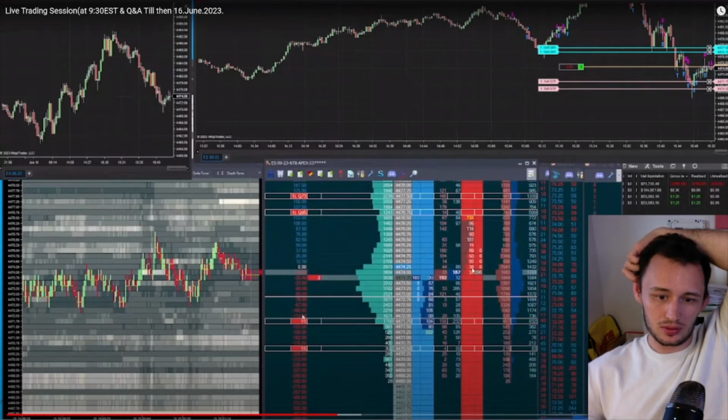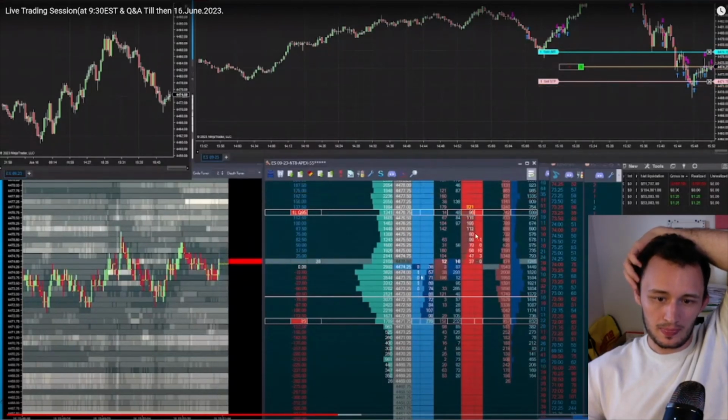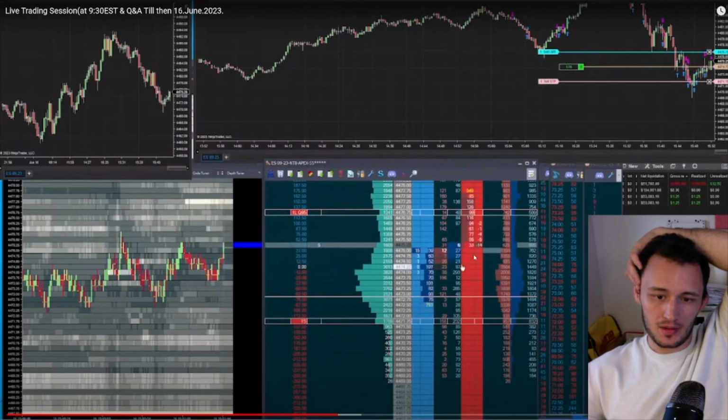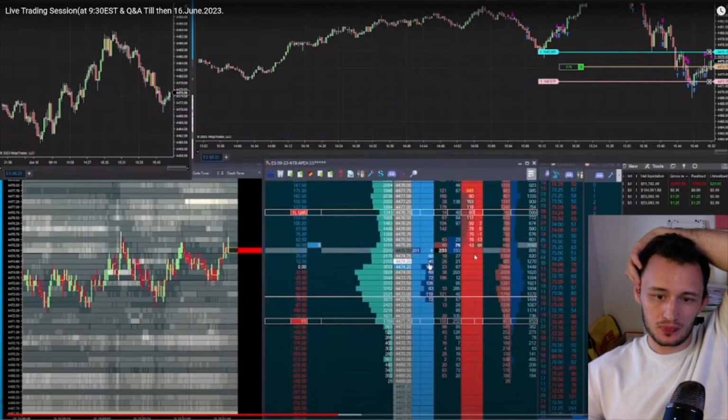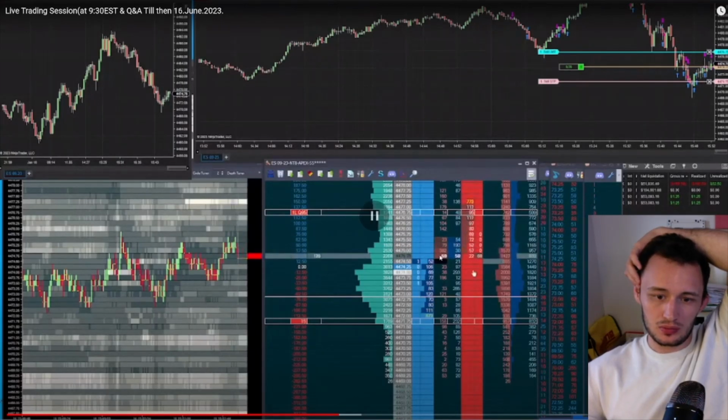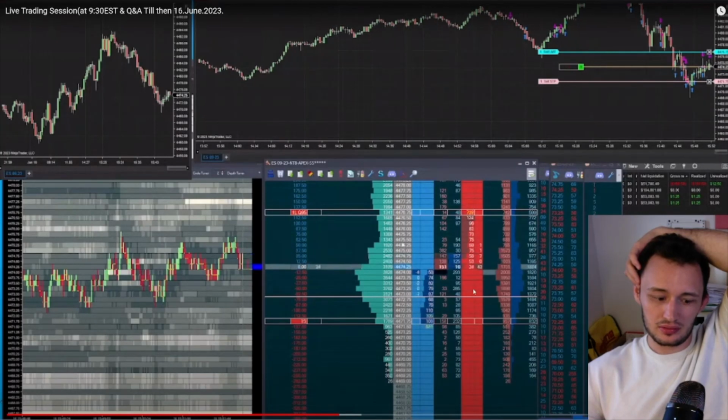Now I do pull one, okay. Some weakness here, so I pull one. So we do see now lots of bigger selling coming in here. It's taking it okay, but a lot of selling here.